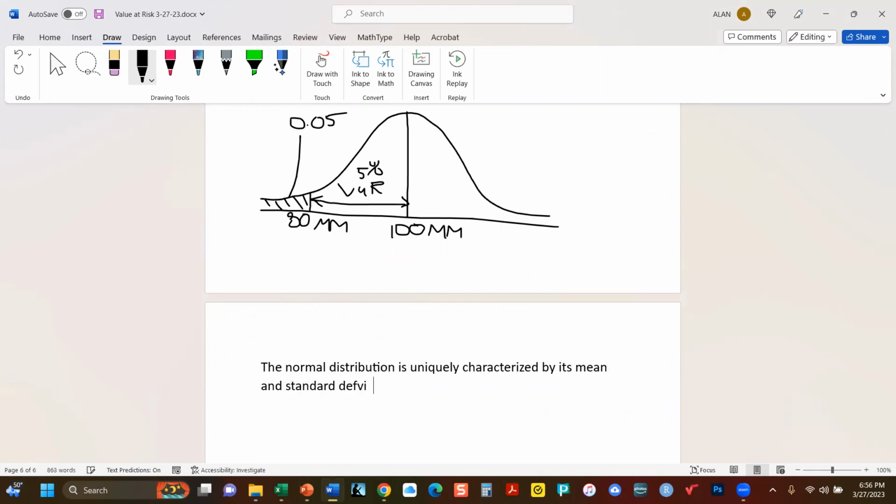The mean determines its location on the real number line. I'll draw a picture of this in a second. And the standard deviation refers to how spread out it is.